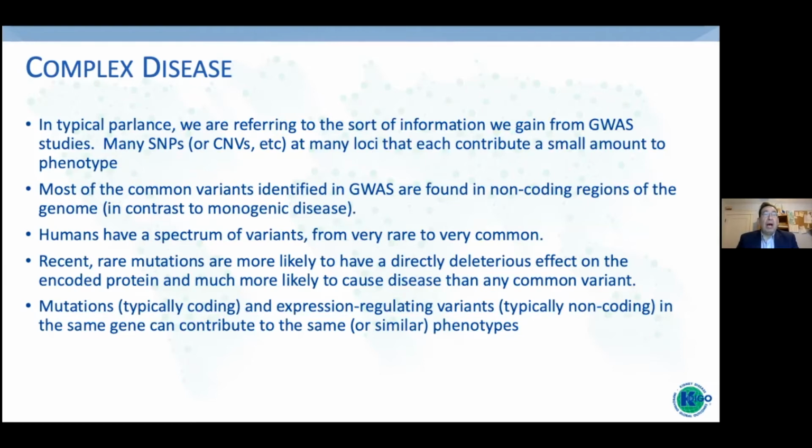Humans, of course, have a wide spectrum of genetic variants, and these range from very rare to very common, and from things that have a hugely deleterious effect on phenotype to variants that probably have no biological consequence at all.